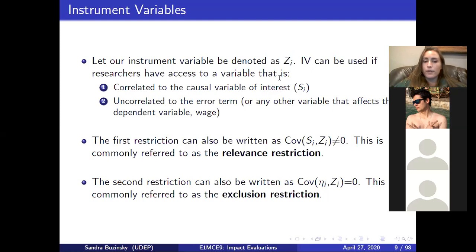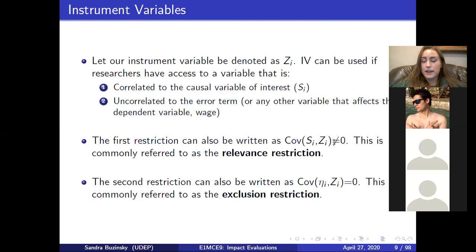The first restriction, correlated to the variable of interest, is written as the covariance of Si, Zi is not equal to 0. So we're saying that there is a relationship there, a co-movement between Si and Zi.